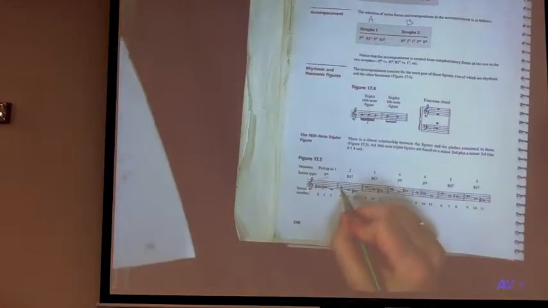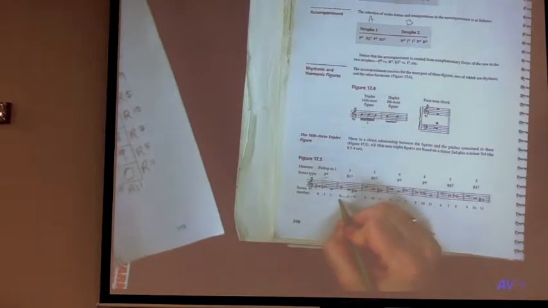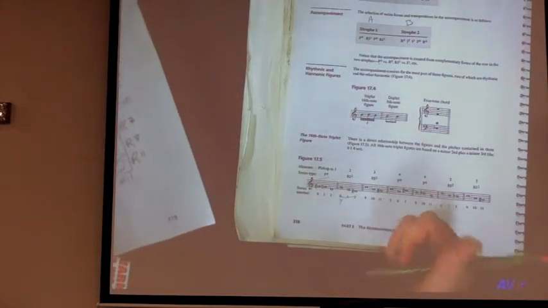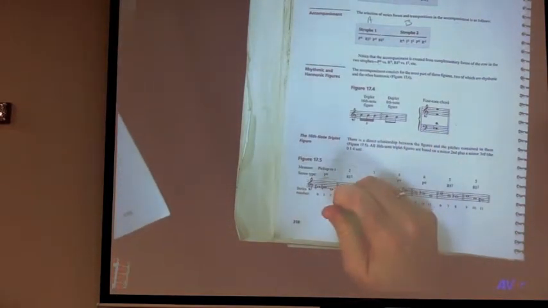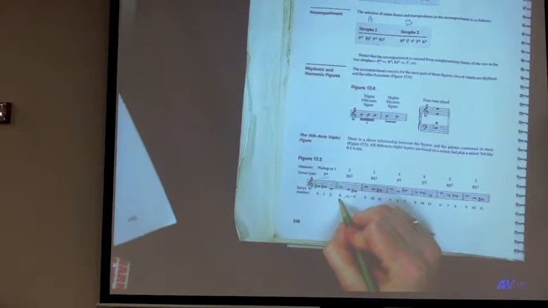Now, if we were to transpose these properly, this would be not 7. So for prime is F sharp, this would be 1, right?